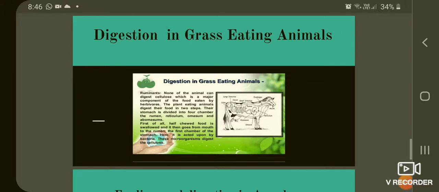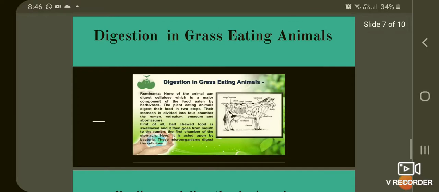Later the cud returns to the mouth in small lumps and the animal chews it. This process is called rumination and the animals are called ruminants. Okay, children, this is how grass-eating animals like horses, rabbits, etc. eat grass.